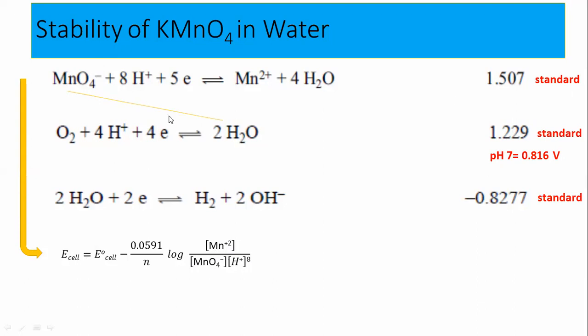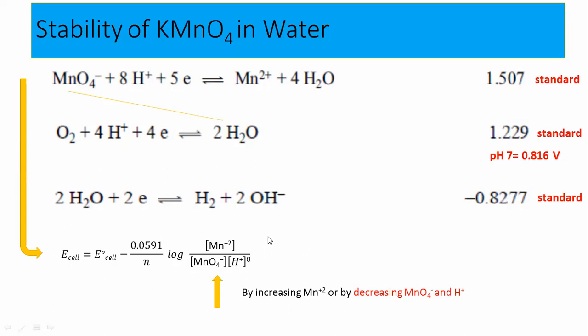Again, the standard means 1 molar concentration of MnO4, 1 molar concentration of manganese plus 2 and 1 molar concentration of the hydrogen ion. If it is not 1 molar, then it would be a non-standard condition.